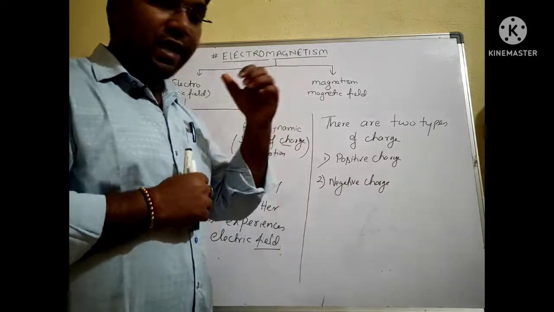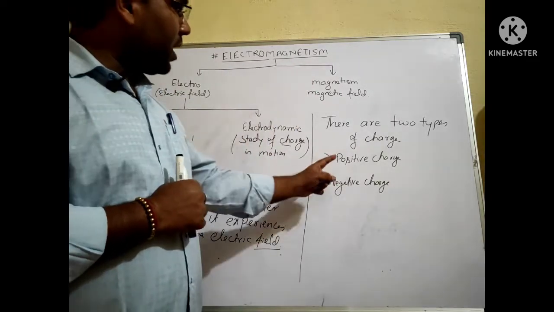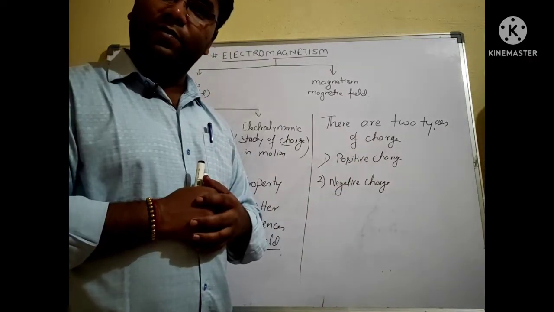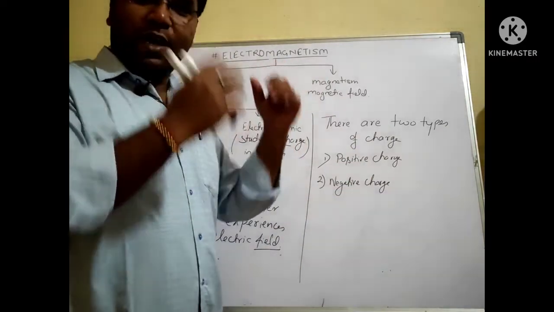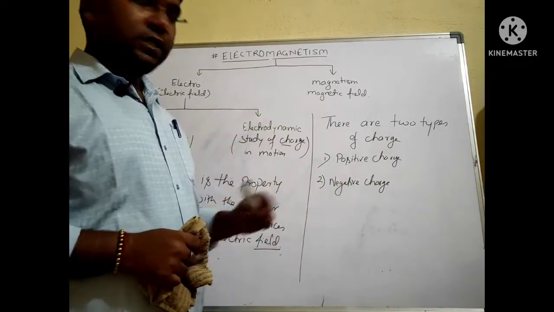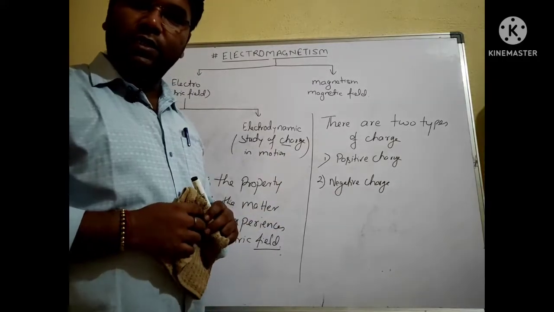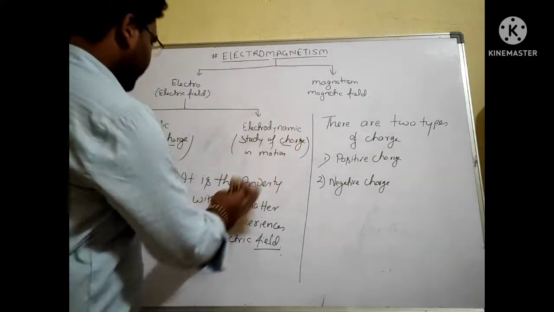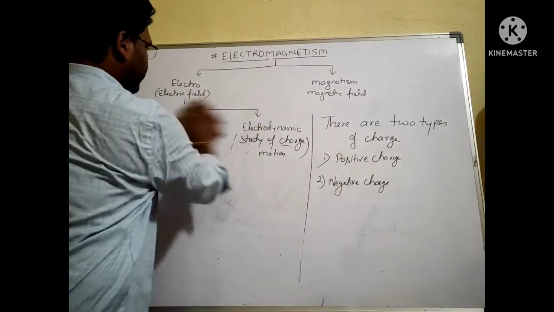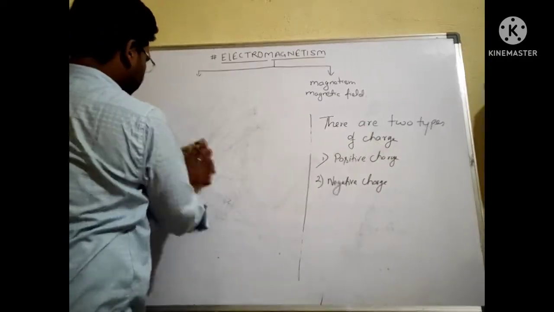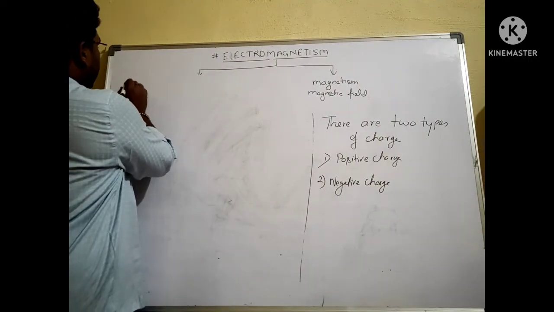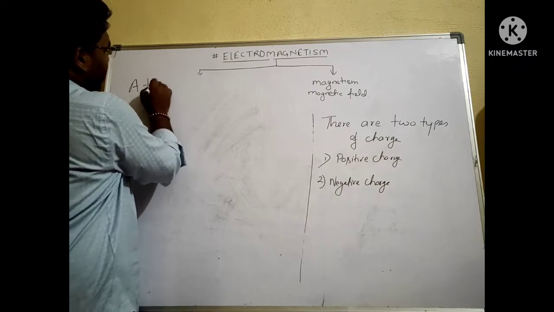You have to understand the atom first, then only you can answer how positive charge and negative charge can be created. Let us see.